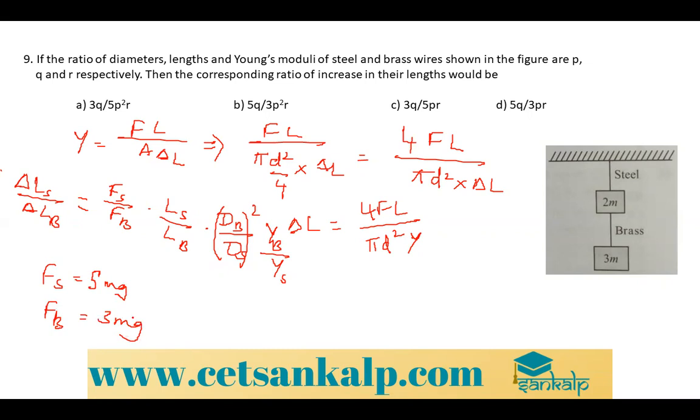They have also given delta Ls by Lb, that is given by Q. Next, ds by dB, that's nothing but P. Ys divided by Yb, that we are going to take as R.